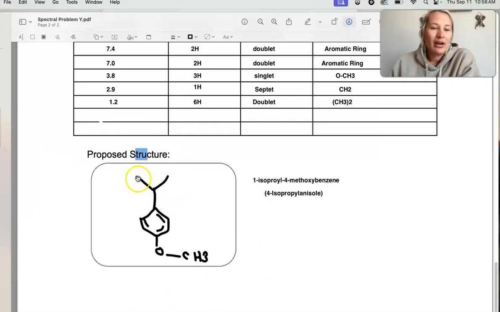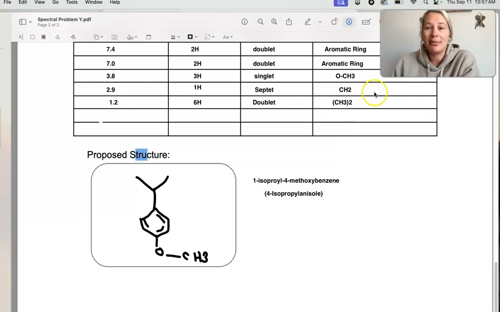We've got our two methyl groups up here, our CH3s, our CH here, and then our aromatic benzene ring with our double bonds, which is attached to the oxygen with our methyl group. This is our methyl oxy group right here. You can tell above that this correlates with my 1H NMR, my 13C NMR, and my IR spectrum.